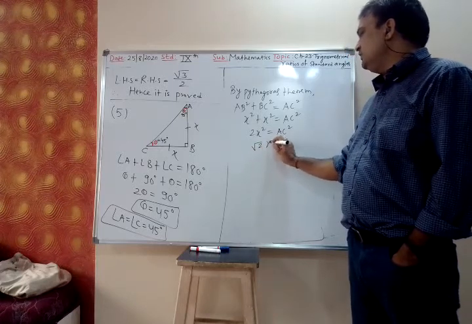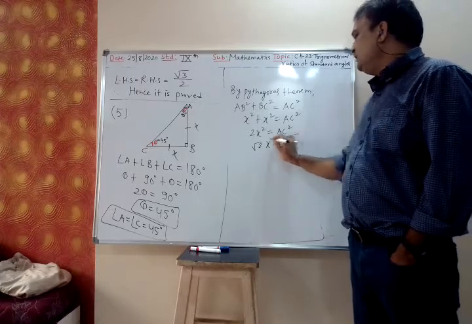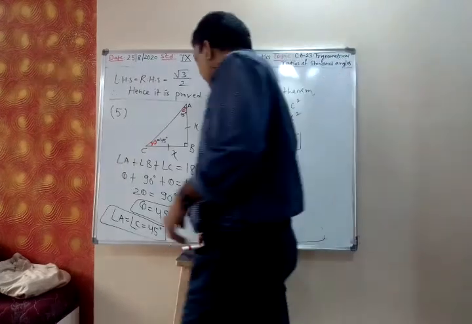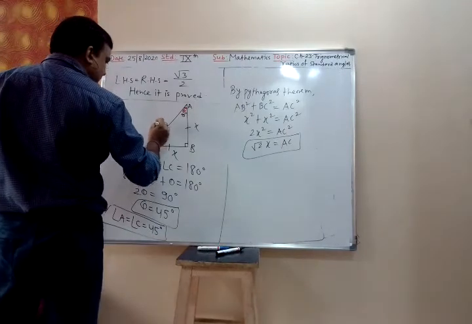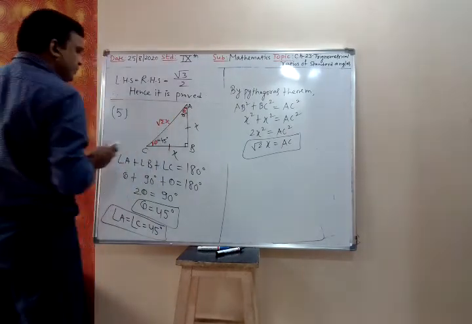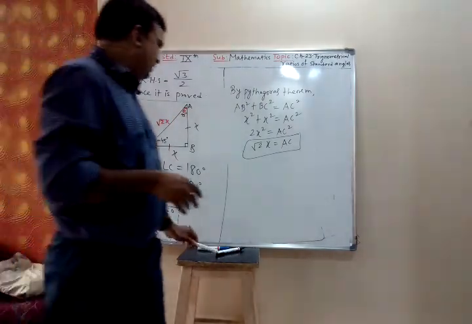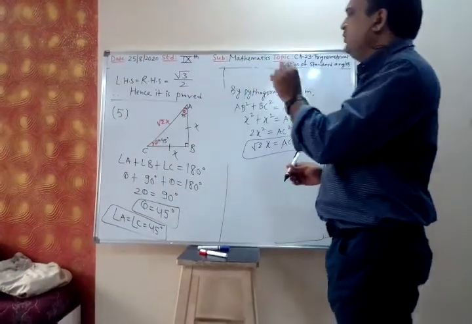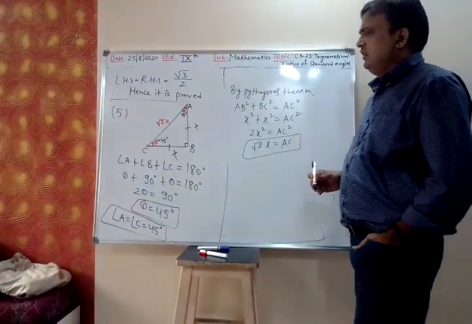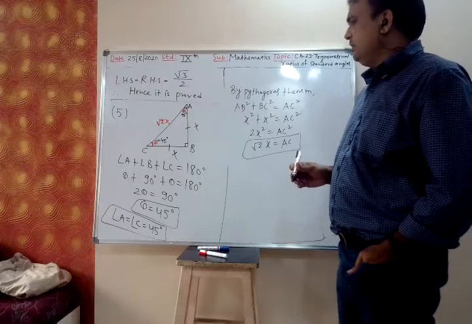So root 2 into x is AC. My AC is root 2x. The angle A is 45, angle C is 45.